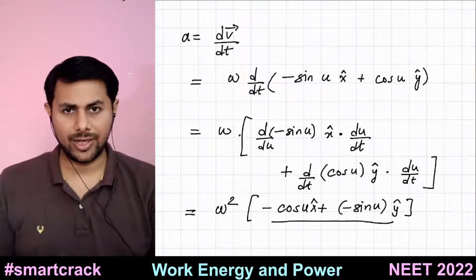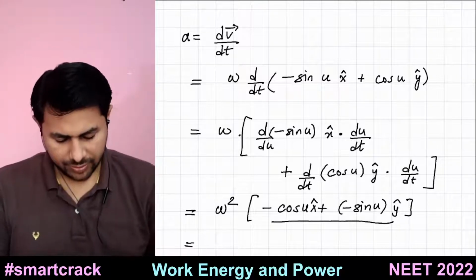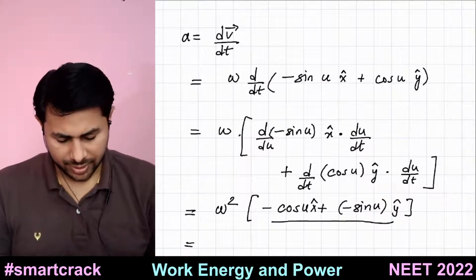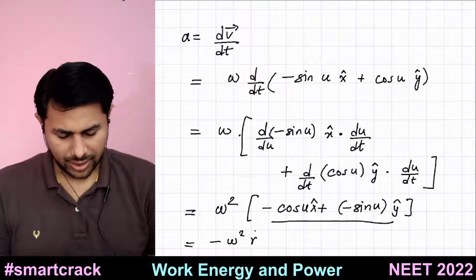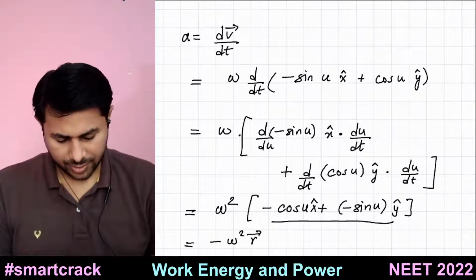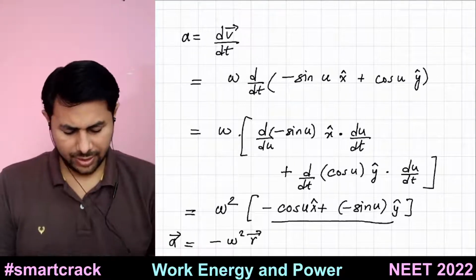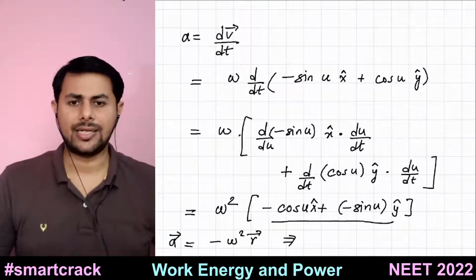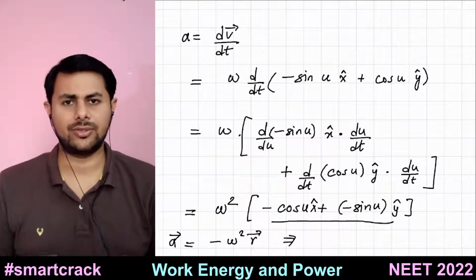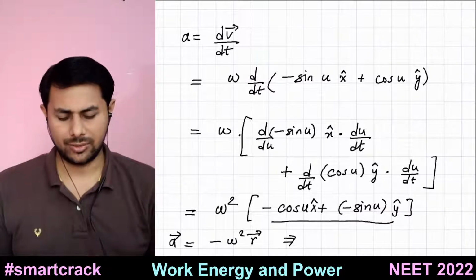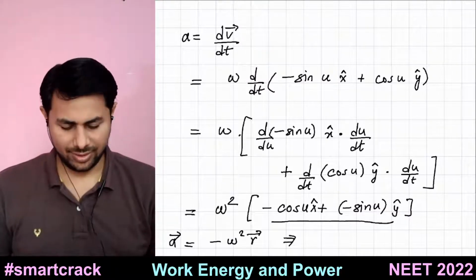So it is r bar. So this is equal to, if you take the minus sign out, minus omega square into r bar. This is acceleration, and this gives you that acceleration is directed opposite to that of the radius vector, or r bar.